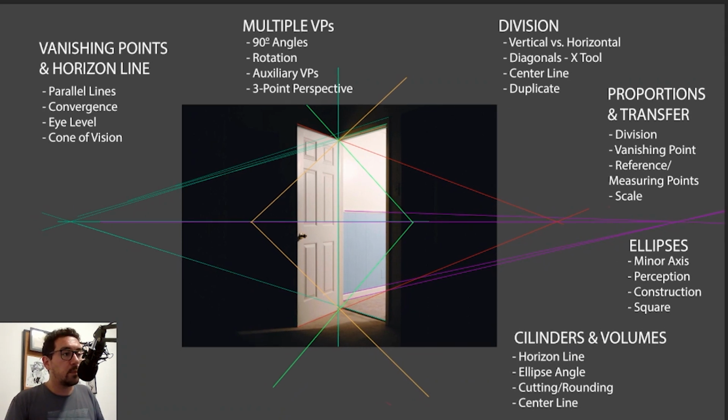And 3-point perspective, we already talked a bit about that. Division, so that's an important point. We're going to talk first about the diagonals, or the X tool, as I like to call it.